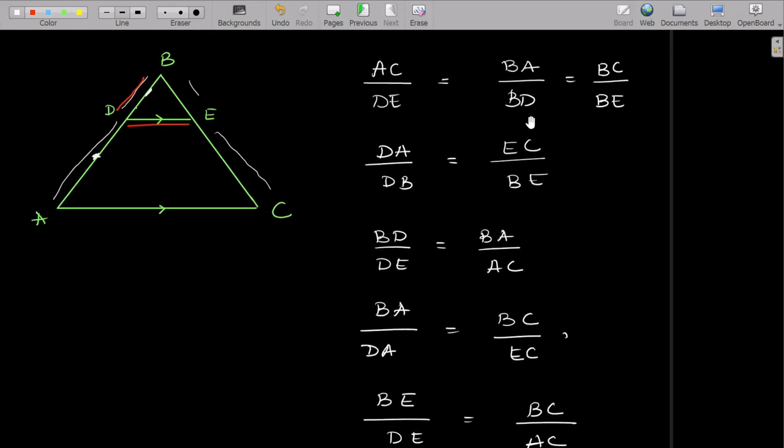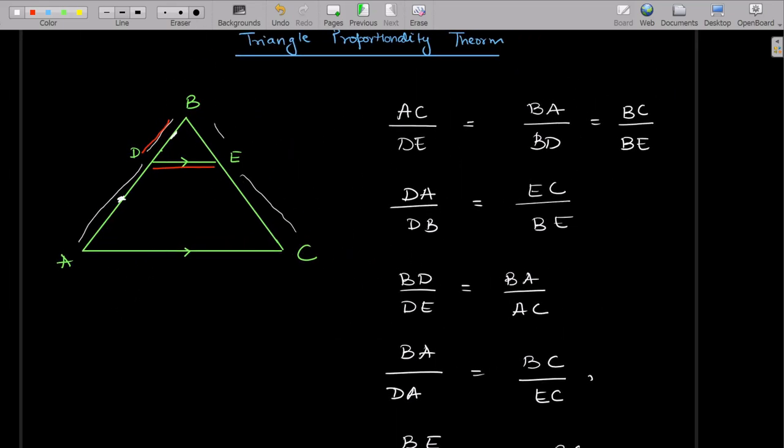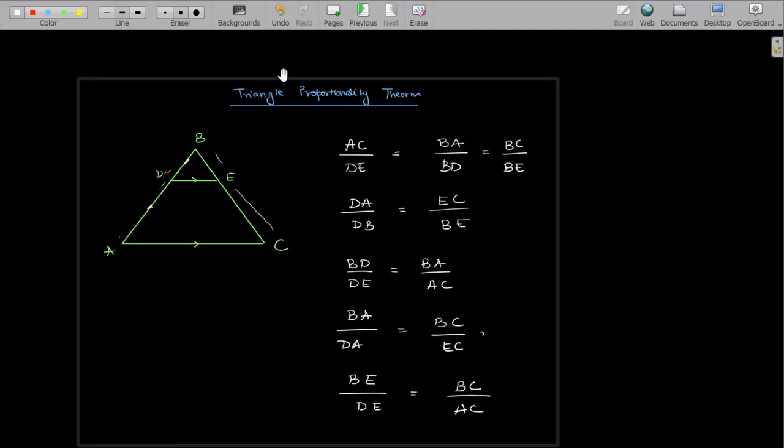And see, Anika, you have to understand the logic behind these ratios, otherwise you won't be able to remember all of these ratios. These are a lot of ratios. So how do you remember these? By understanding the logic behind them. So you should be able to write all of these ratios by yourself.